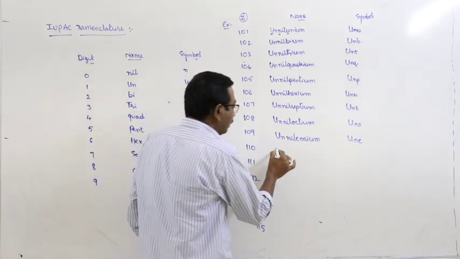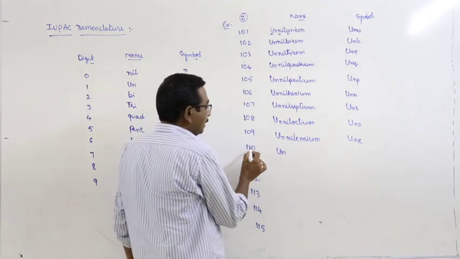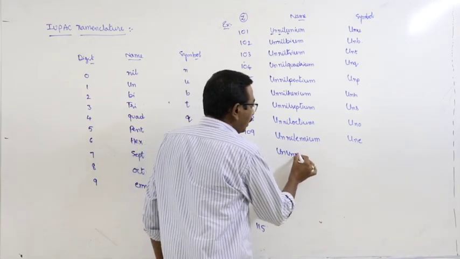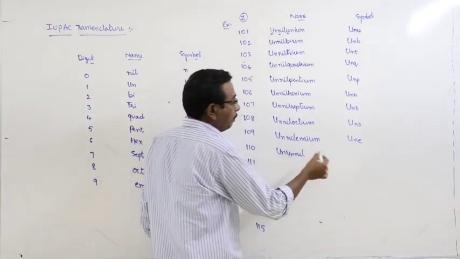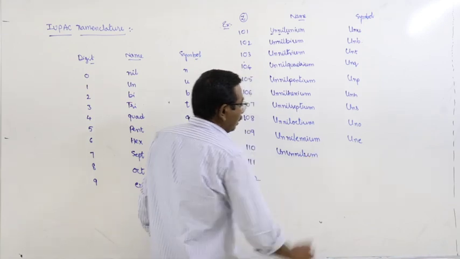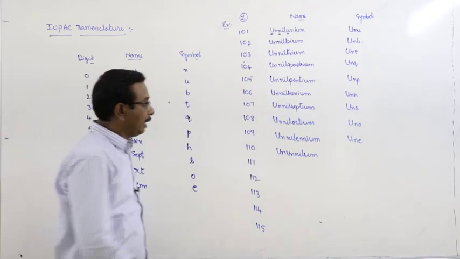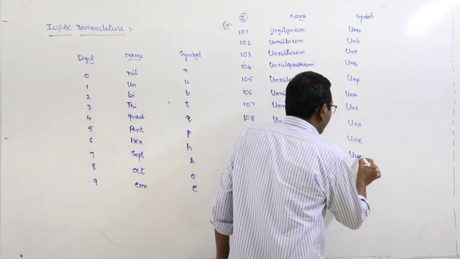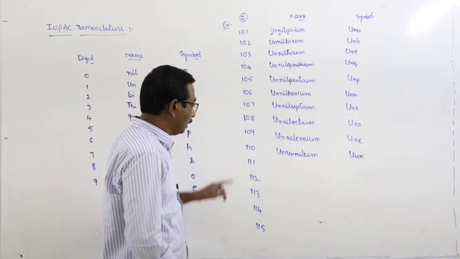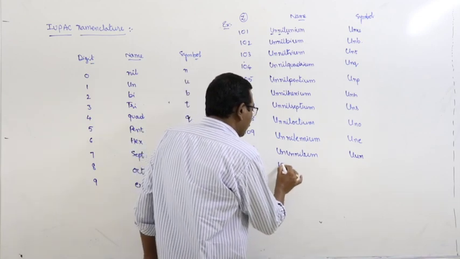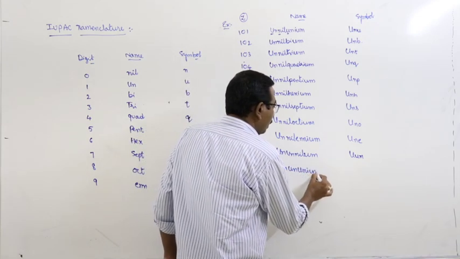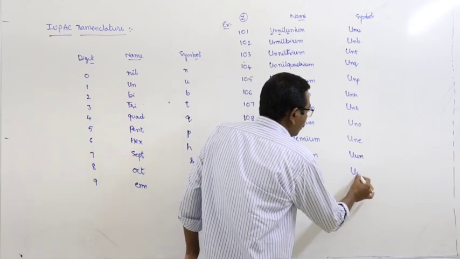First digit un, second digit un, third digit 0, nil plus ium, nilium, UUN. 111, unium, UUU.